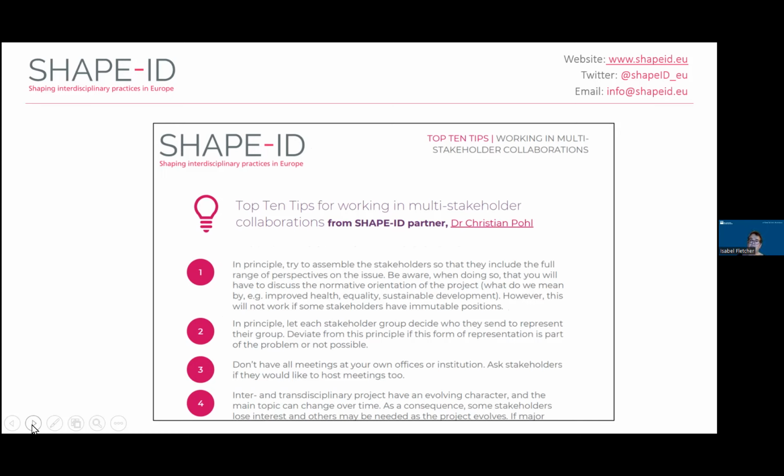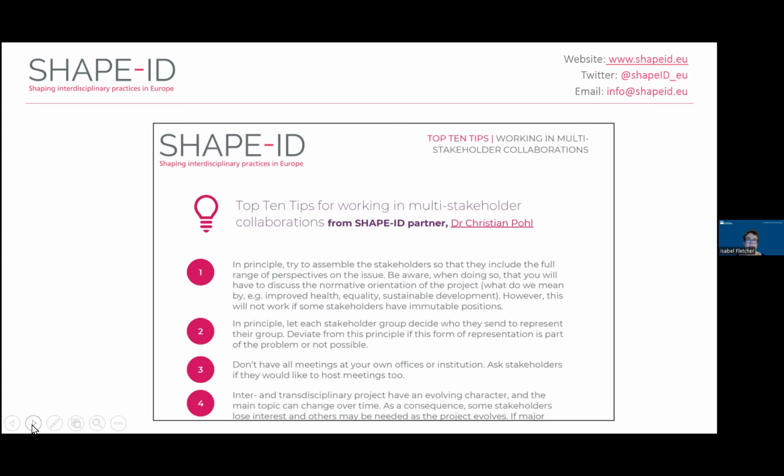And he provided us with top 10 tips for working in multi-stakeholder collaborations. There are some really useful tips in here, from who to include, where to meet, how to think about the possibilities of participation for stakeholders, through to starting to consider the methods we'll use to co-produce the research.